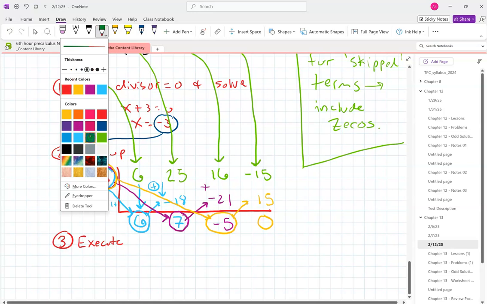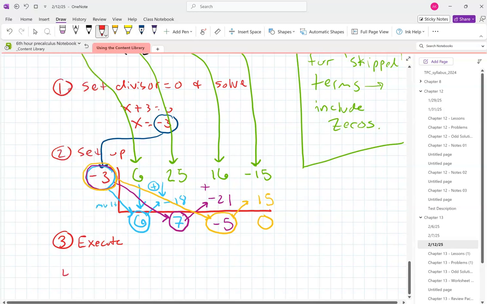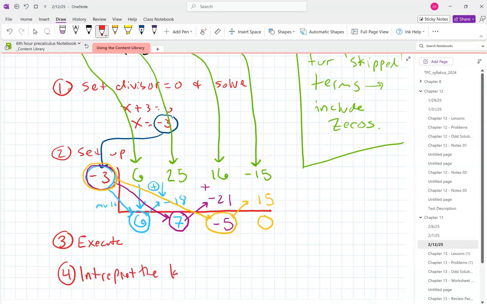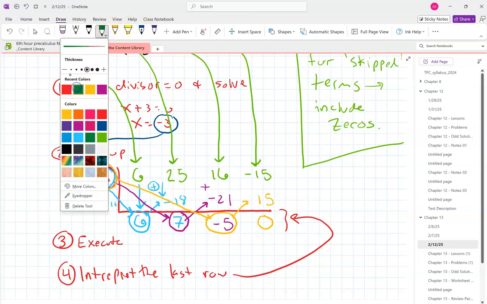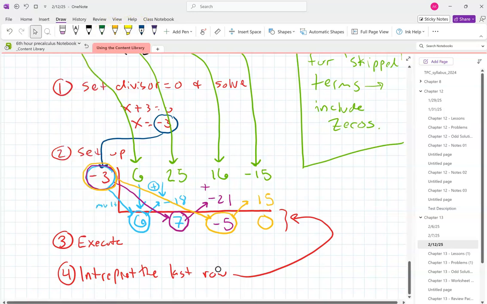And then the last thing I want to do is interpret the last row. So this row here. The numbers at the bottom of the last row all have a meaning. We're going to read them from right to left, which is the opposite direction of how we usually read things.